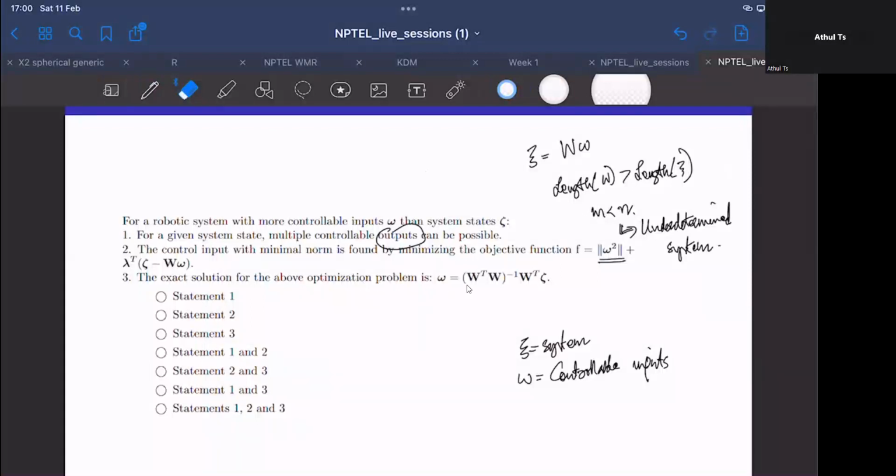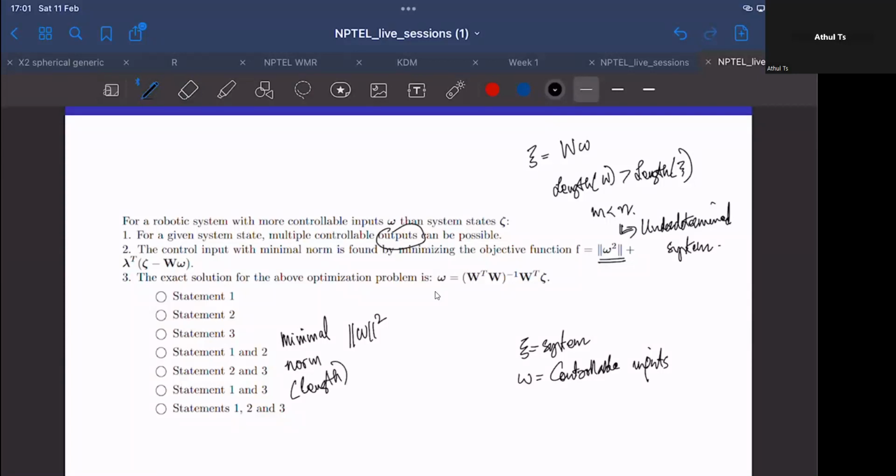If you want to find the control input, we would out of all the infinite solutions try to find the solution that has minimal norm, or minimum length, while satisfying the constraint equation.